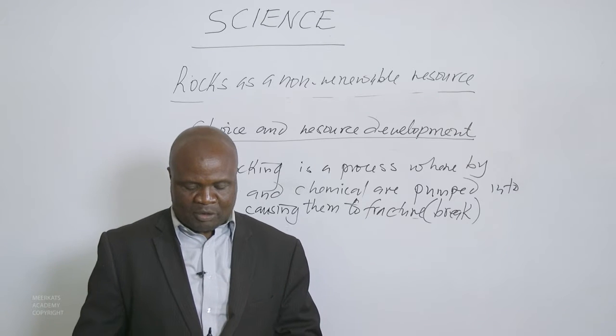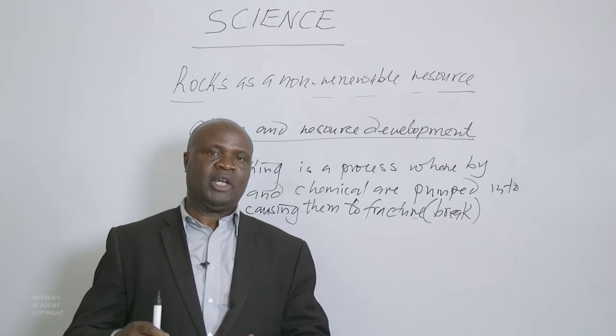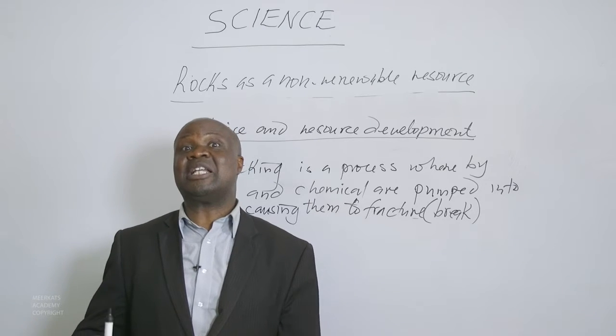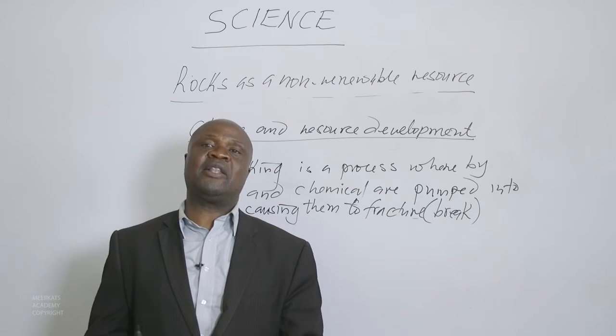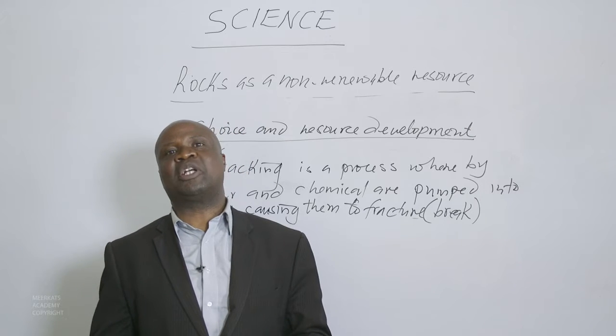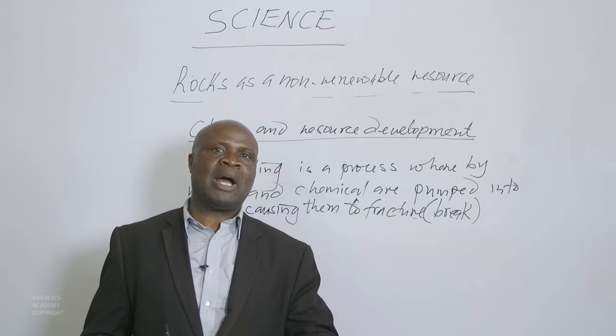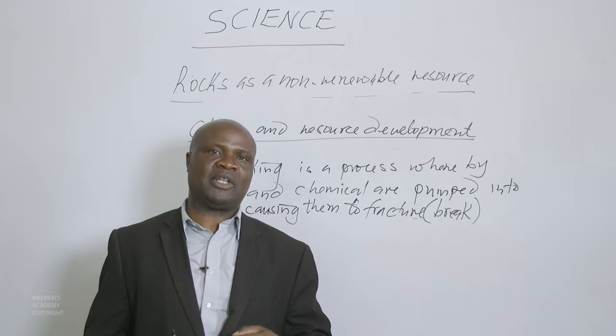When the atmosphere gets warm, it will affect some places. The climate can even change. You will find that in some countries deserts will come where they were not there. So when you continue burning coal, it has an adverse effect on the environment.